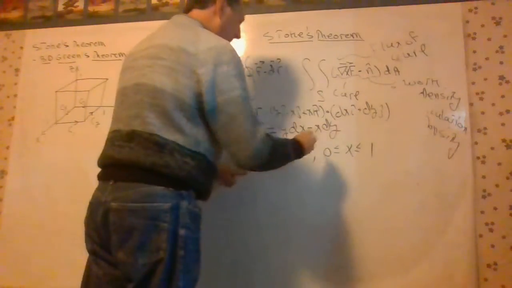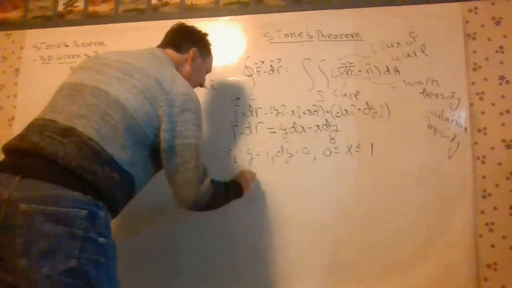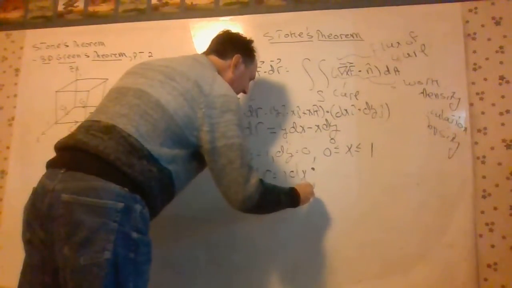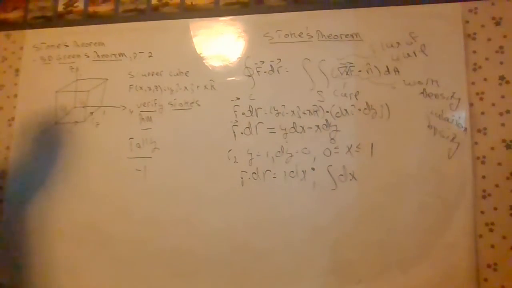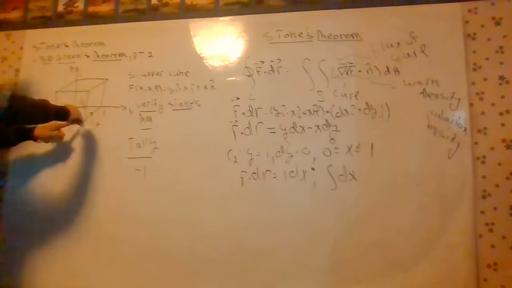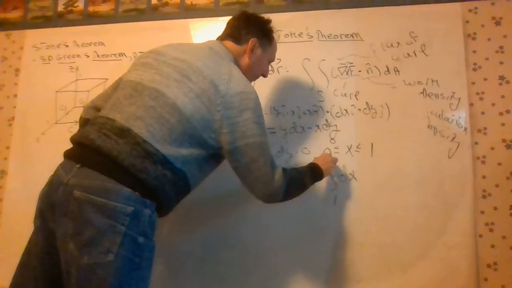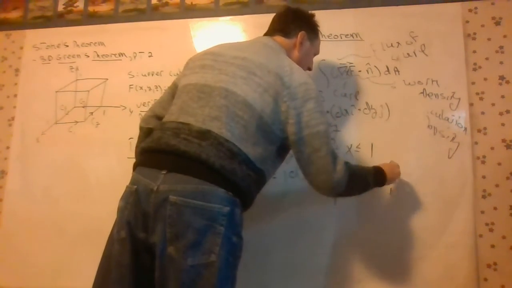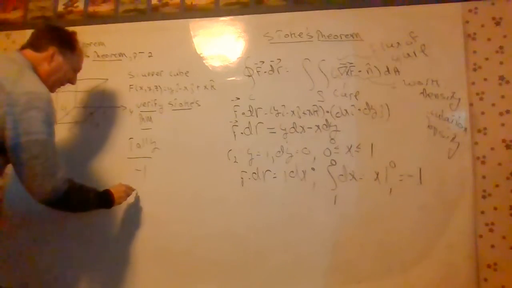I'll just put these little numbers here. And guess what? We get f dot dr is equal to 1 dx. So we have to integrate dx. Now you have to be careful here. X is starting out at 1 and going back to 0. So we have to do this. And turns out we get negative 1. 0 minus 1.